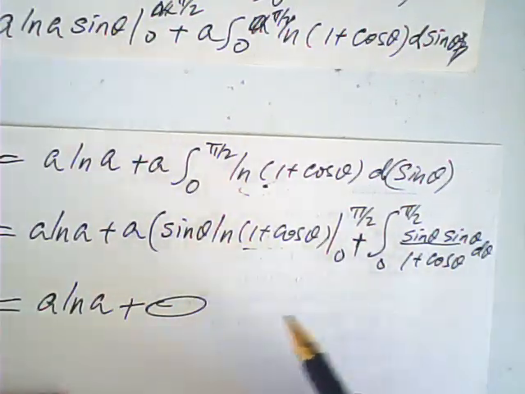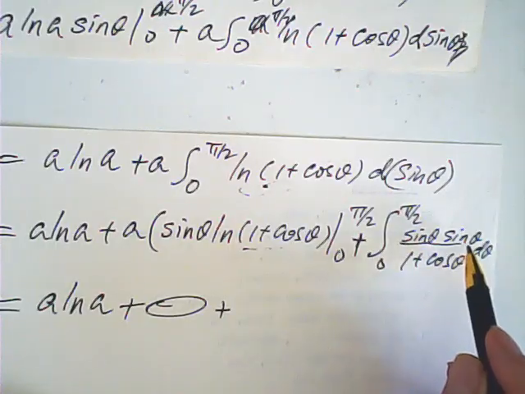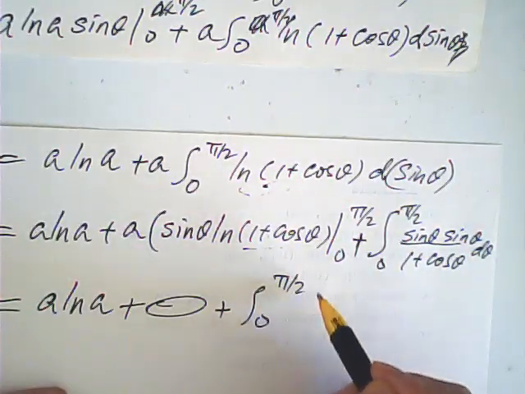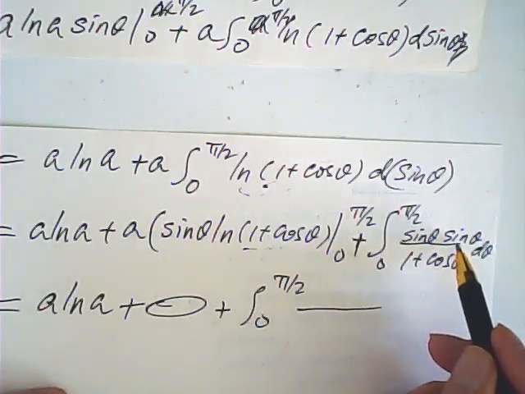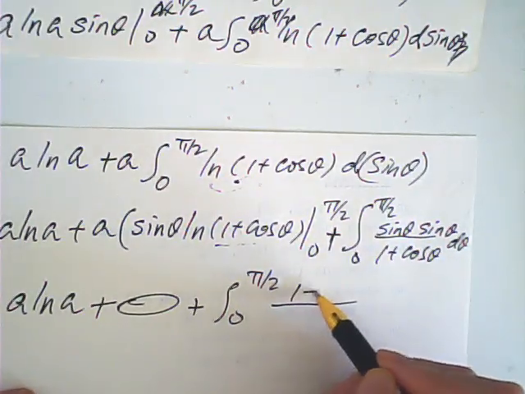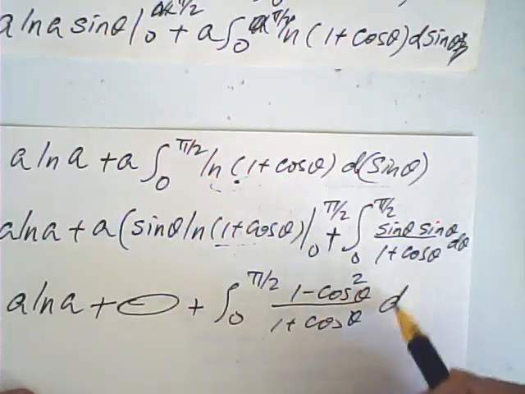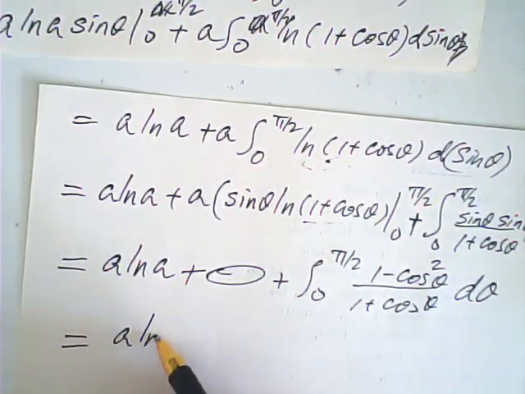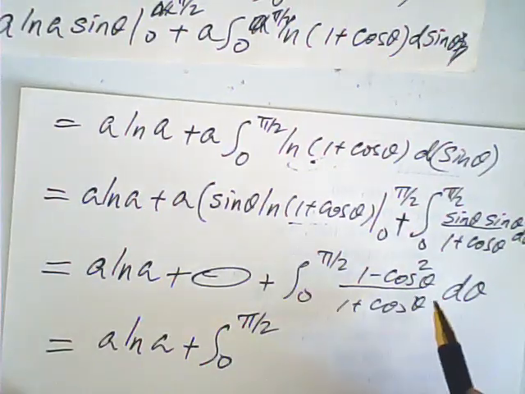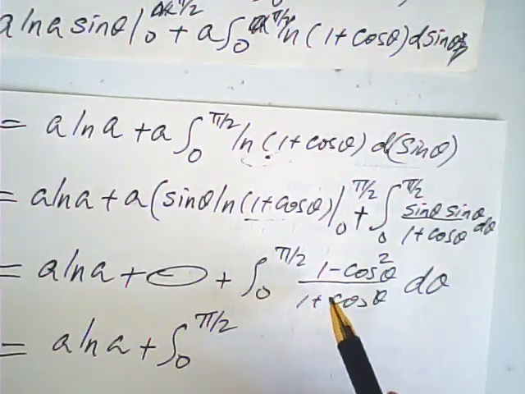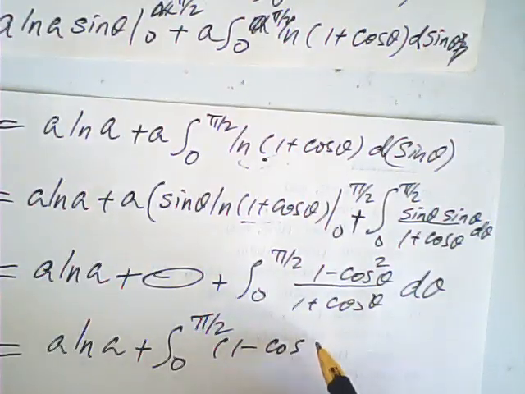And for that one, this is sine squared. Sine squared is 1 minus cosine squared, right? This is 1 plus cosine. So this is a log a plus the integral of 1 plus cosine times 1 minus cosine over 1 plus cosine. So what is left is 1 minus cosine.